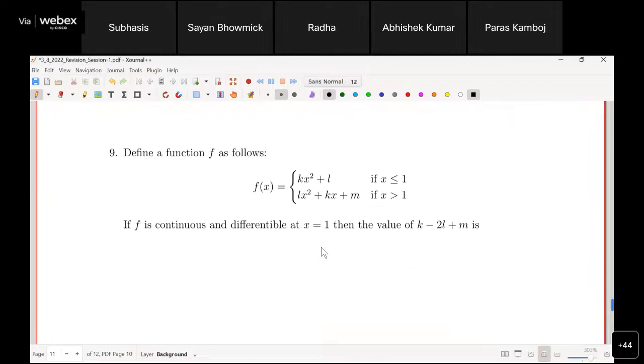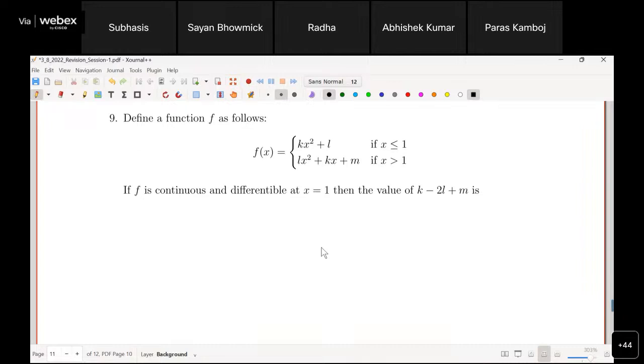Again, like this question, suppose you have a function and you know that this function is continuous as well as differentiable at x equal to 1. Then you need to find the value of k minus 2l plus m.